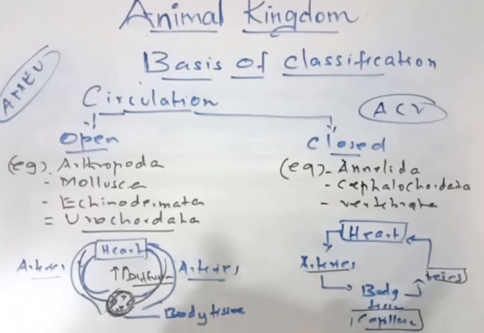Then we discussed all the 10 phyla in the invertebrates, that is non-chordates. Then we discussed the basis of classification. Under it we studied level of organization: cellular level, then tissue level, then organ system. Then in organ system we discussed two things: incomplete and complete digestion, and open and closed type of circulation. All these examples we have to remember.